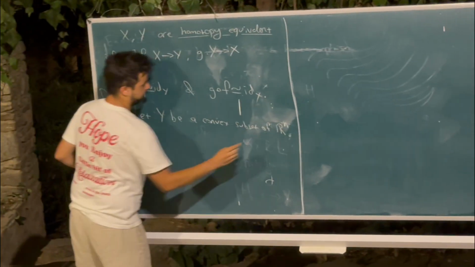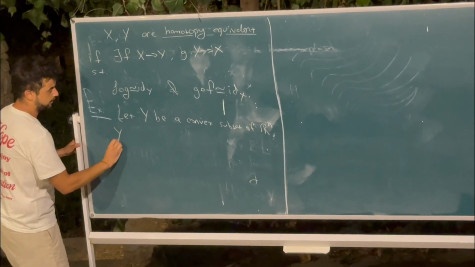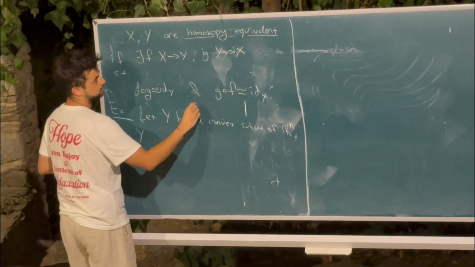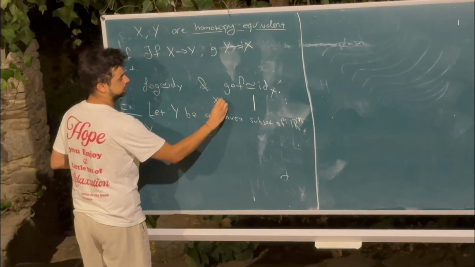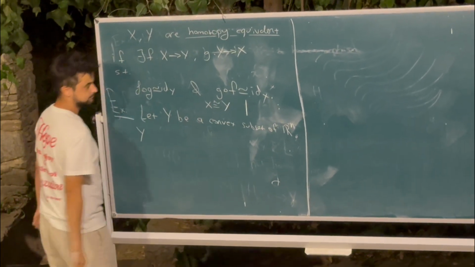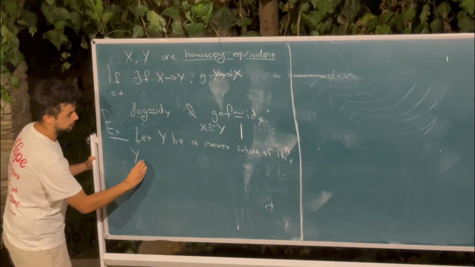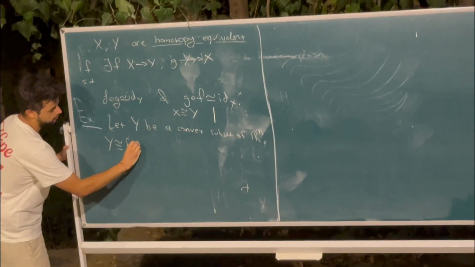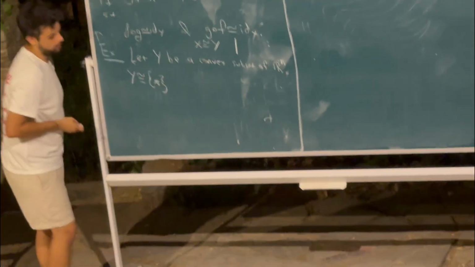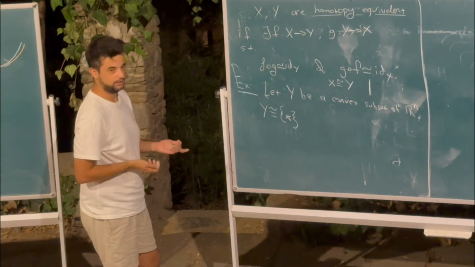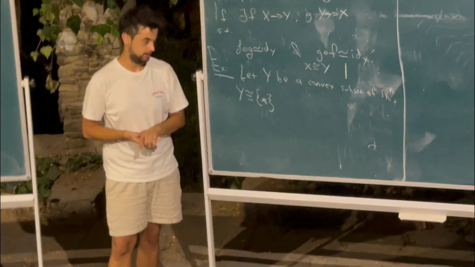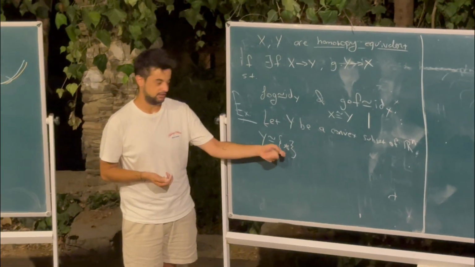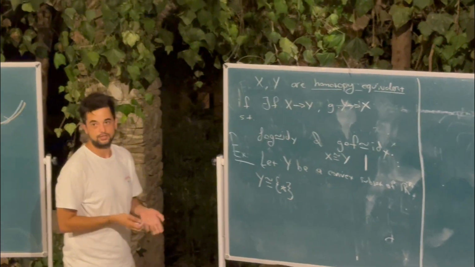Then I claim that Y is homotopy equivalent to a set with one element. You can put anything inside, I put star. Let's try to see if this is true.